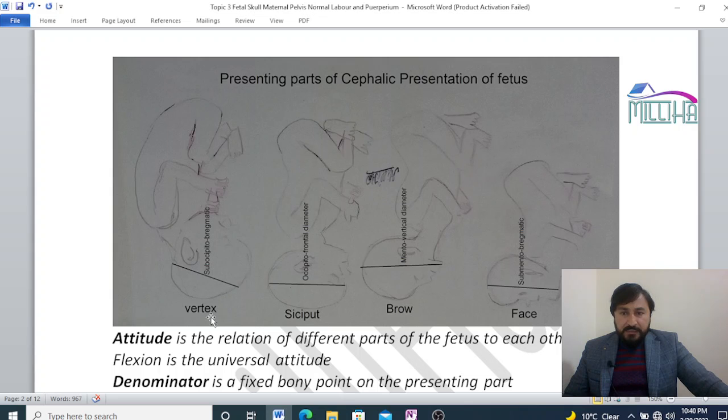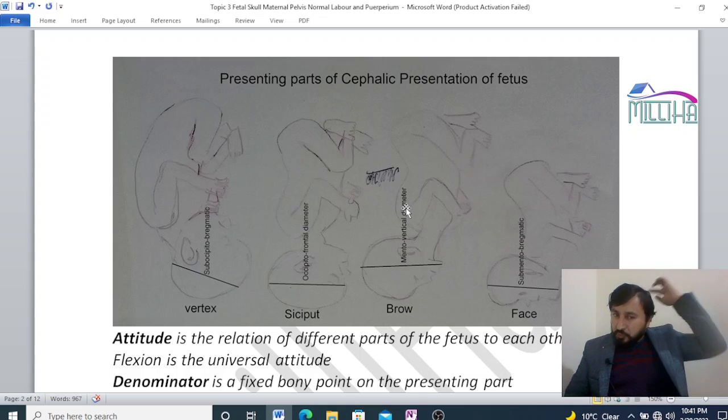This is vertex. The presenting part is vertex because the head is flexed. The head of the fetus is in this position. So this is a little bit up, a little bit deflexed. So this is sinciput. This is brow presentation. In this, the diameter is the mento-vertical diameter. What is mento? It is your chin.